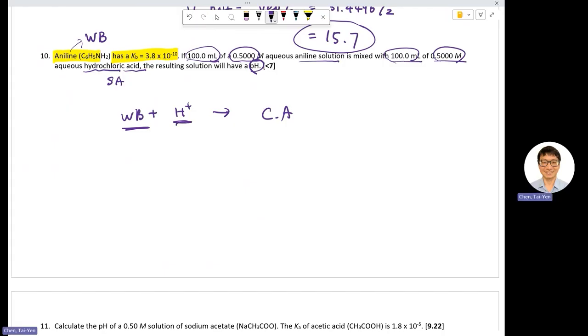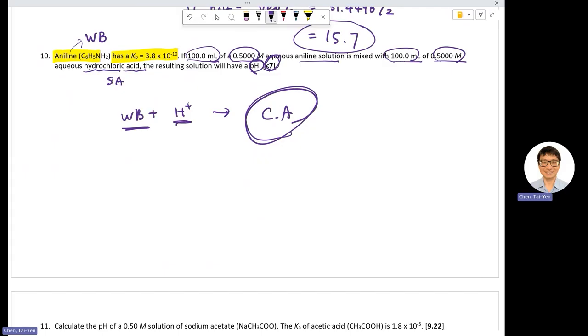All the weak base will be consumed by the strong acid. Therefore, all you have in your solution is the conjugate acid, so it's an acidic solution. Therefore, the pH will be less than 7.